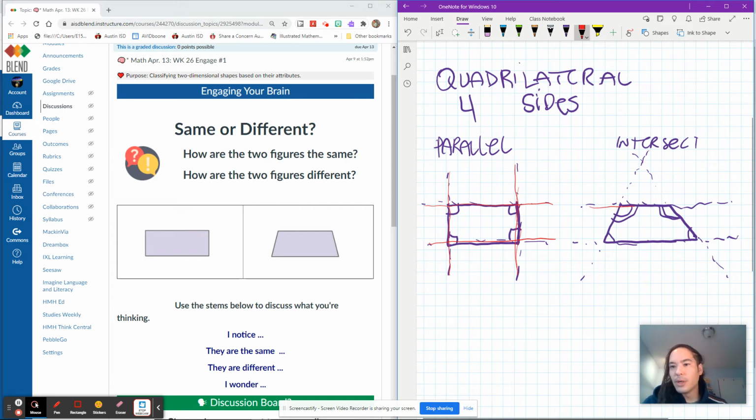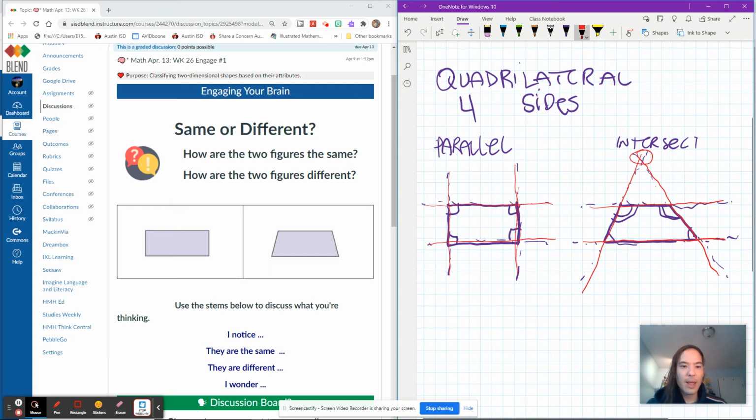On the trapezoid, those sides go on forever without touching. However, if we follow these other lines, they will cross over right here at this intersection. So the rectangle has two sets of parallel sides, where the trapezoid only has one set of parallel sides and one set of intersecting sides.